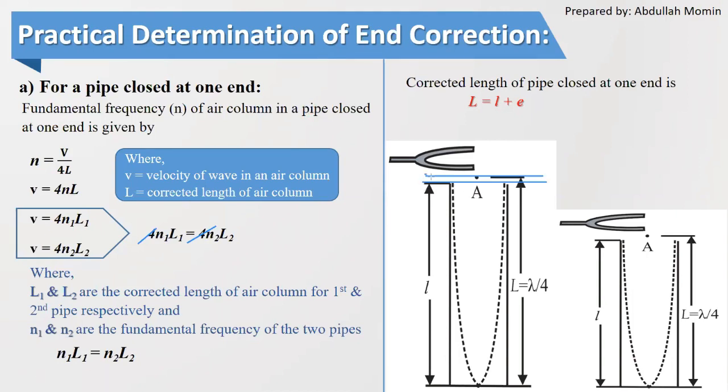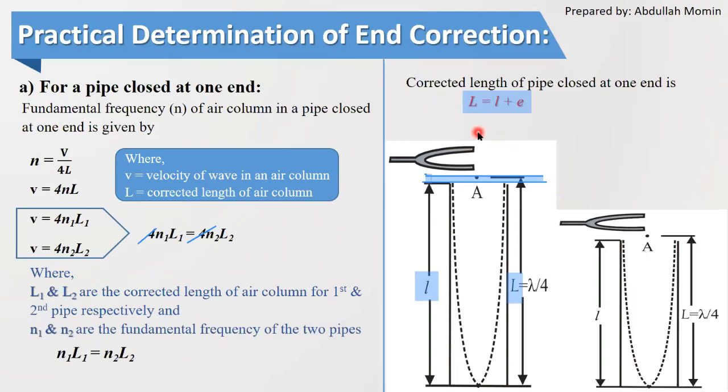So this distance is your end correction, the distance between the open end of the pipe and the antinode. When you add small l plus this distance, which is small e, you will get capital L, that is the corrected length. Total length can be written as small l plus E. So this is the formula of corrected length of a pipe which is closed at one end.